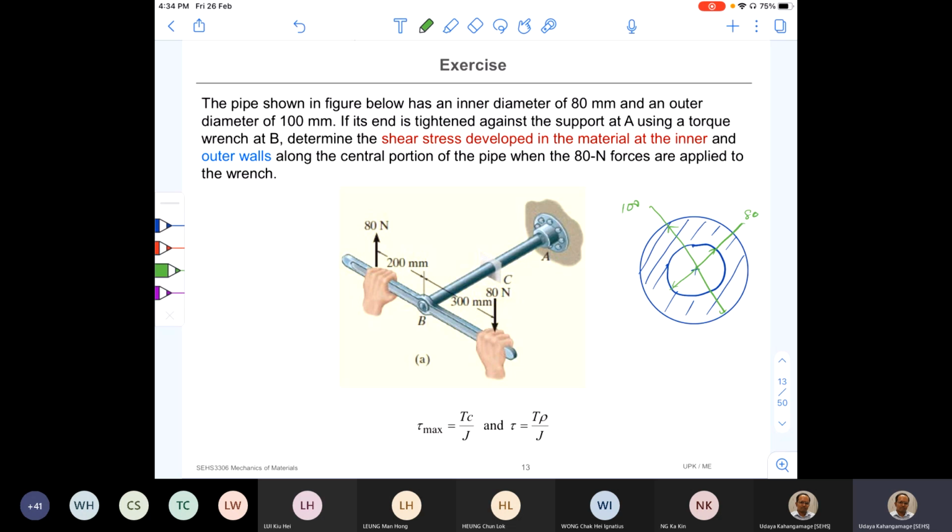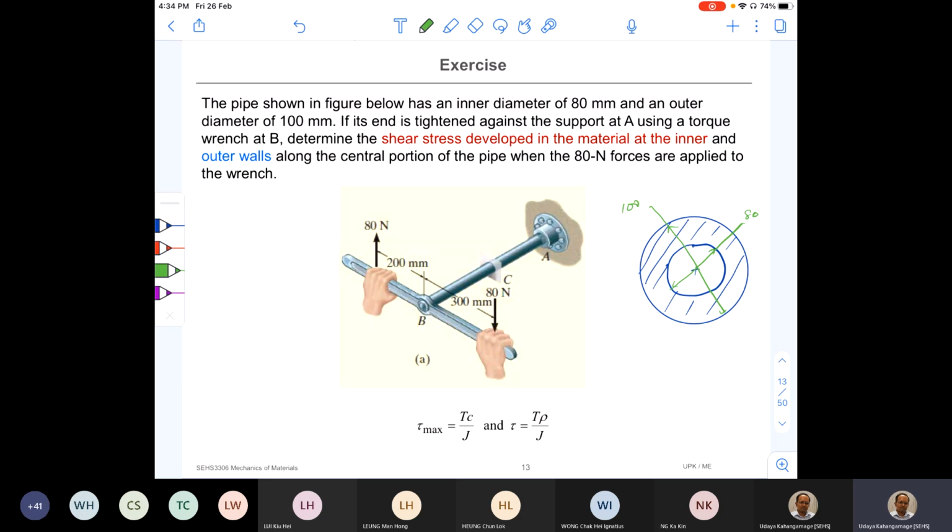Okay, its end is tightened against the support A using a torque wrench at B. This cross arm is a wrench, and you can see a person trying to rotate it. Therefore, AB, which is fixed at A, is now going to twist, so it has to resist this twisting moment.